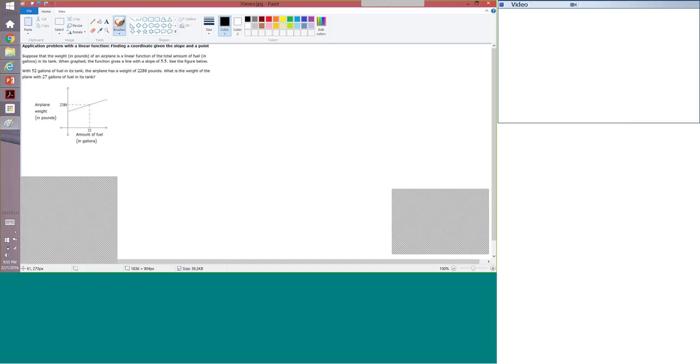So this one is a lot like number 2, except they were kind enough to just go ahead and give us that slope of 5.5. So we have even less work to do. Isn't that wonderful? Again, we're going to use that point slope formula, where we have the point of 52 gallons gives us a net weight of 2,286 pounds.